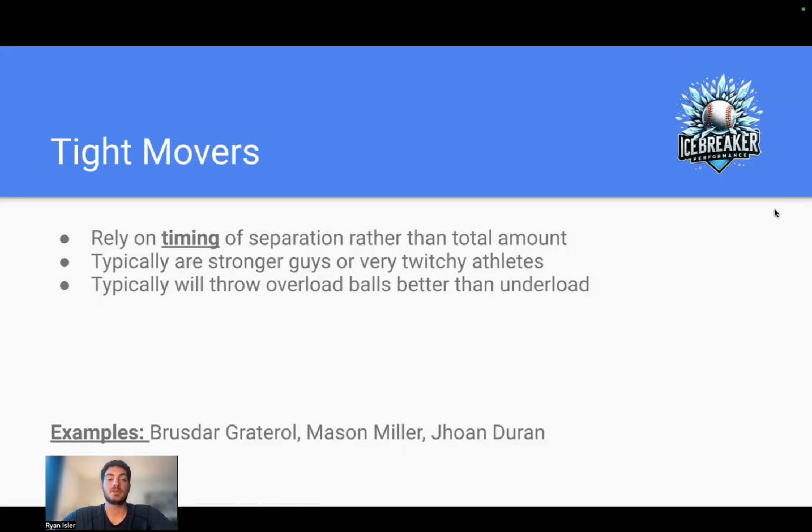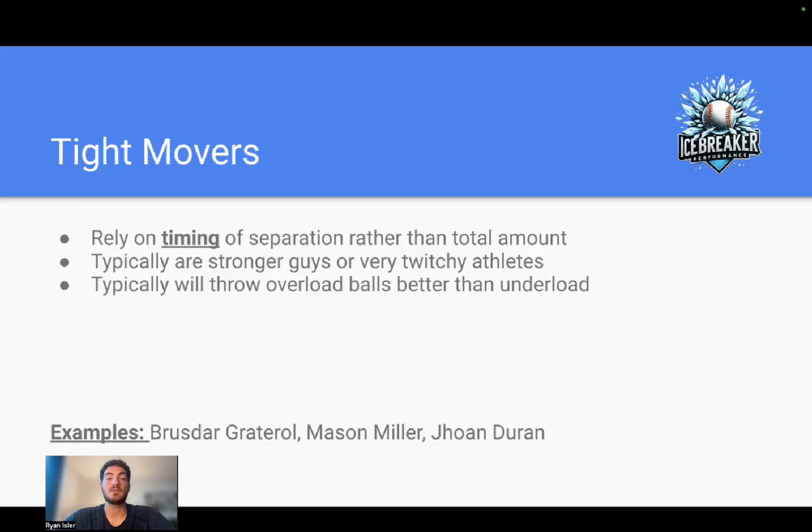Now, tight movers. Tight movers is something that is very, I guess, controversial. A lot of times, pitching coaches are going to try to train you to get more mobile in certain positions, try to get into these deeper positions when you physically are not able to do it because you are more of a tight mover.